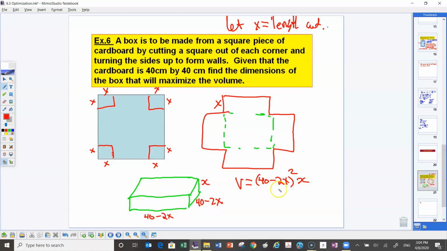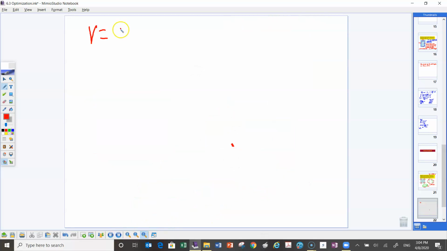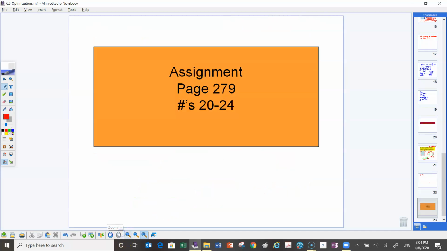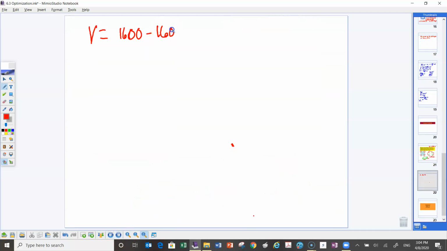If I expand this quadratic by foiling it out, I'm going to get 1600 minus 160x plus 4x squared, and I'm still multiplying this by x, so my volume, if I distribute the x in, is going to be 4x cubed minus 160x squared plus 1600x.